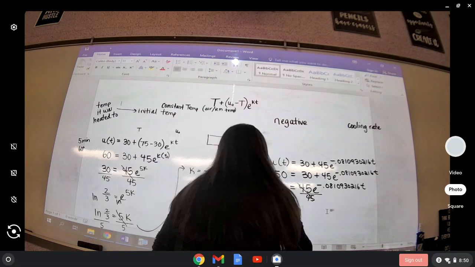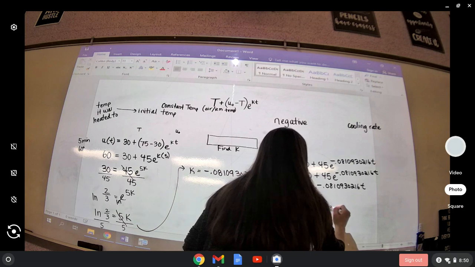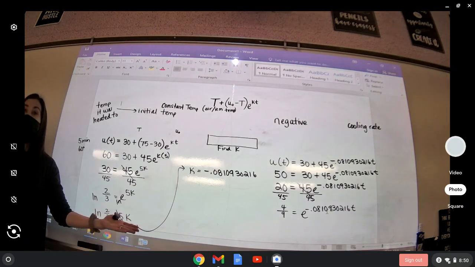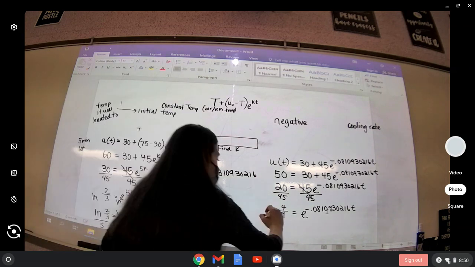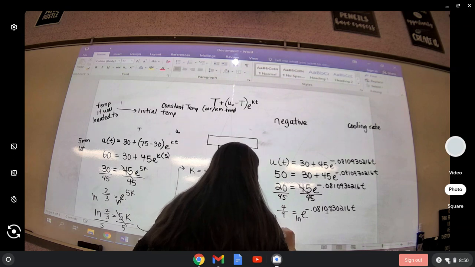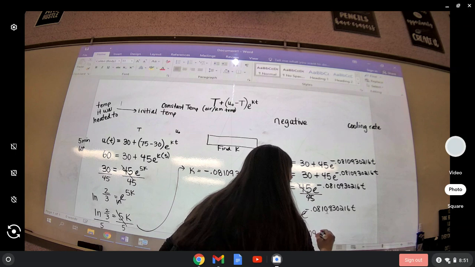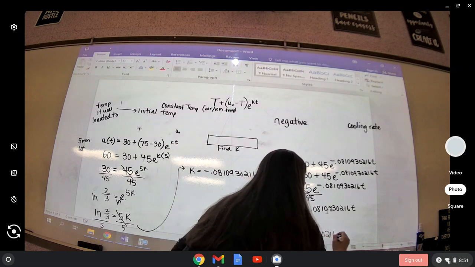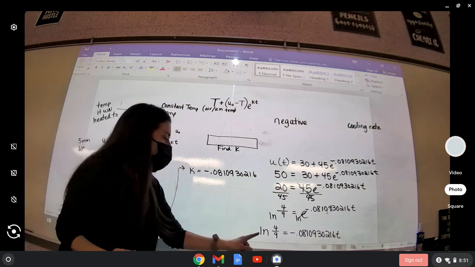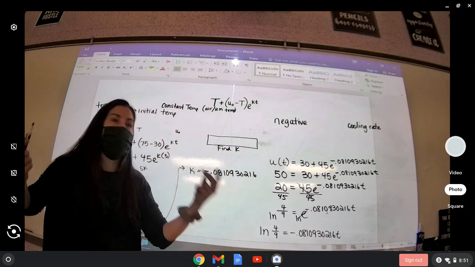You're going to plug it into your calculator anyway. Natural log both sides so we can get T. And now all you have to do is take the natural log of 4/9 and divide it by that number, K, and you'll get T.